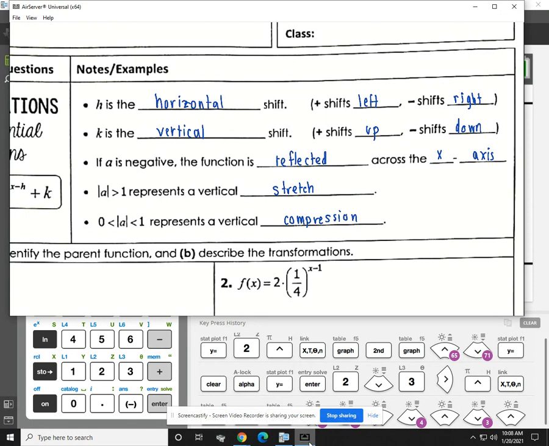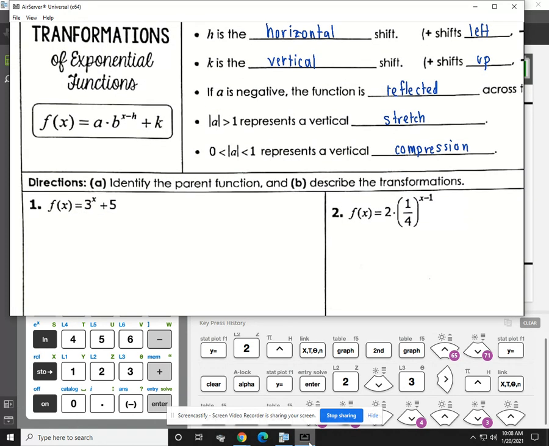Nope. Nope. What would make that horizontal asymptote go up or down? Your vertical shift. Your k. Your k value changes your asymptote. So I would like you just to add that in your notes. Changes asymptote.